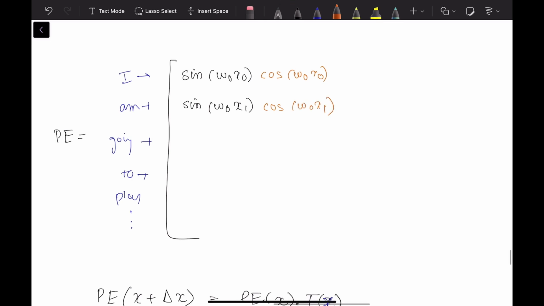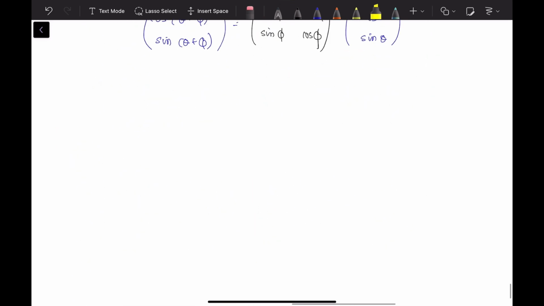And so on. So once we get this, we can do rotation. So let's look at this particular row to basically get to the final formula.